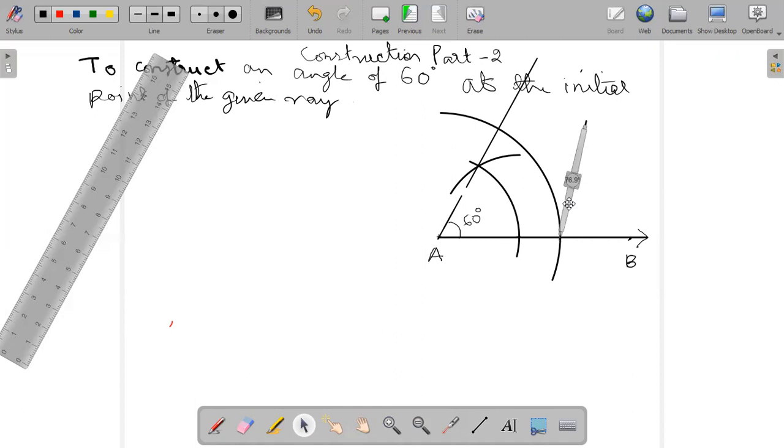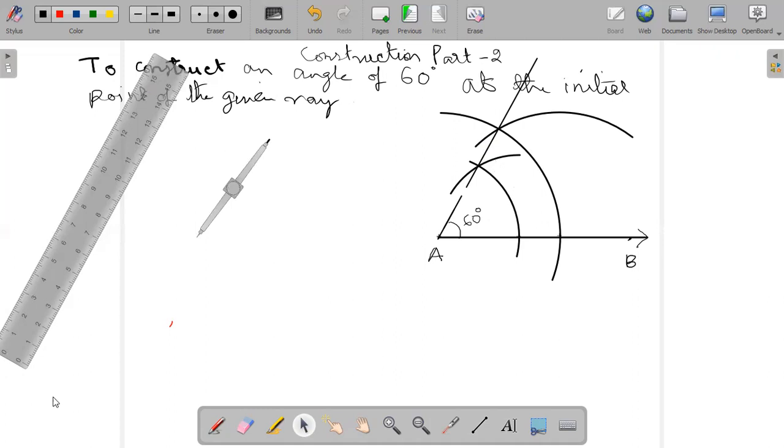Now the radius should be the same, and when you cut this arc with the same radius, it will intersect the previous arc at the same point. So this is the property: whenever you take any arc and cut from this point, you will always get 60 degrees.